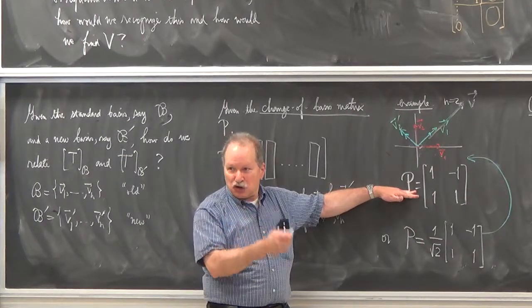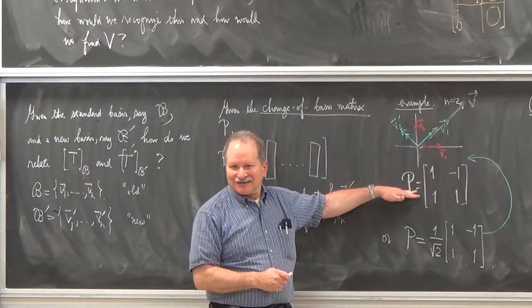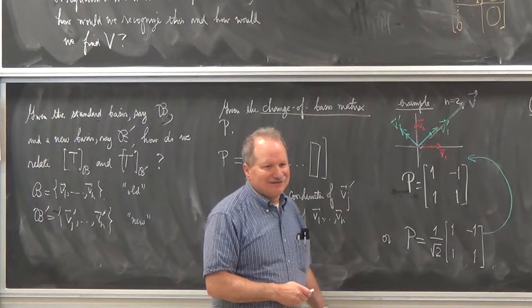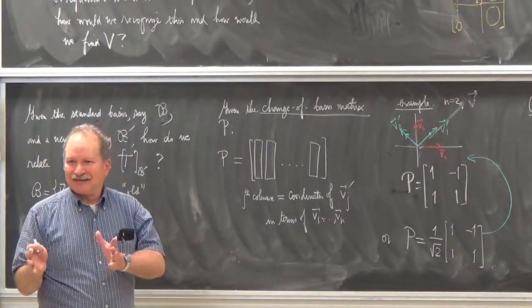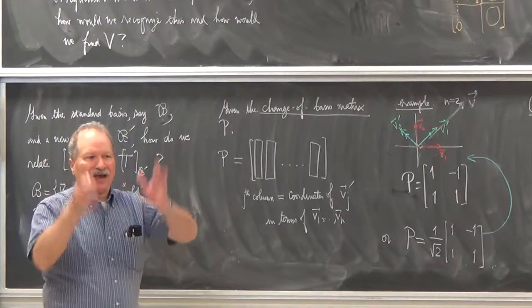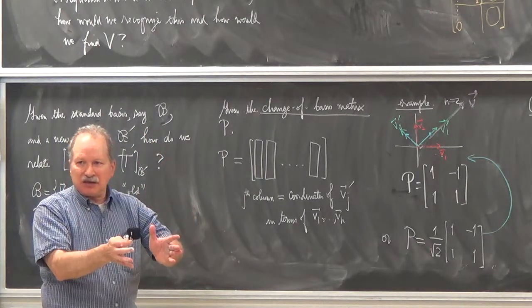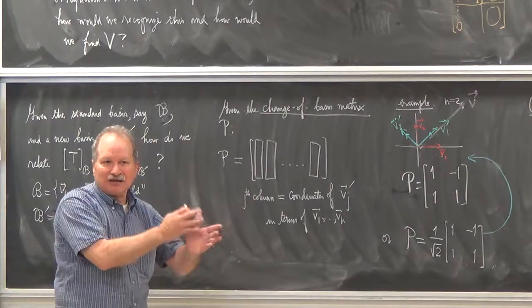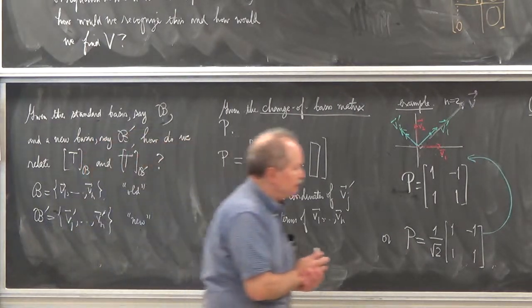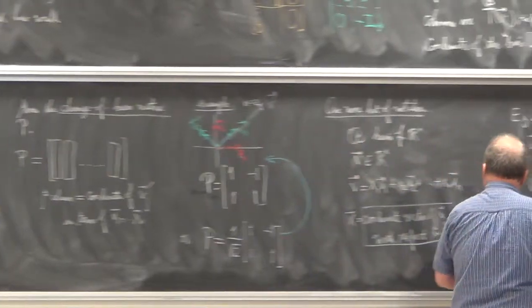It tells you how to write the new vectors in terms of the old. Is P the same as A? No. Now I want to take a linear map. And I want to talk about how I write down its matrix in the B basis, how I write down its matrix in the B prime basis, and how they are related.